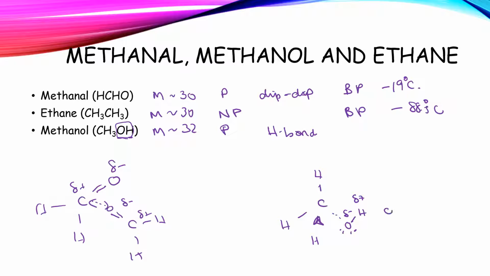So here we have a situation where that is negative and that's positive. It creates the hydrogen bond, remember, with the hydrogen of one molecule and the lone pair of electrons with another.